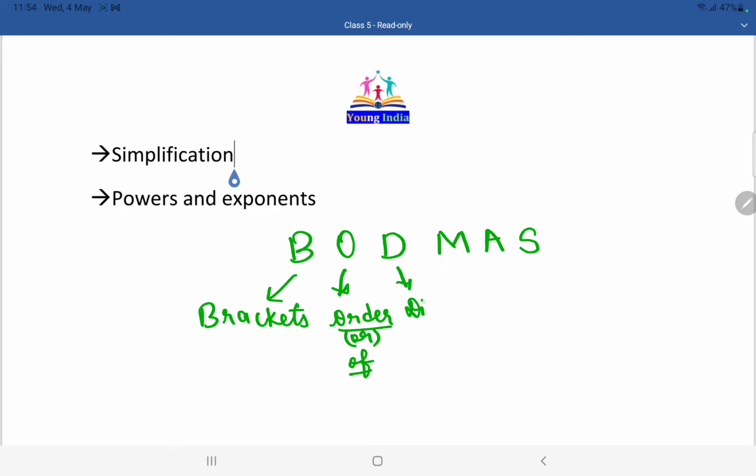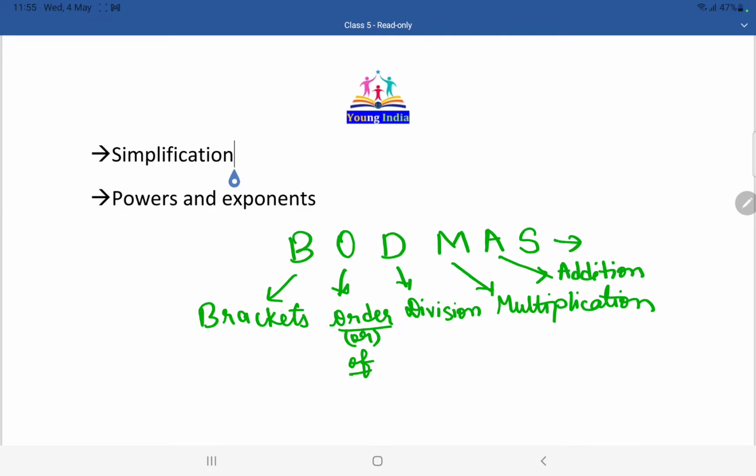D stands for division. M stands for multiplication. A stands for addition. And the last one, S, stands for subtraction. So this is the full form of BODMAS.